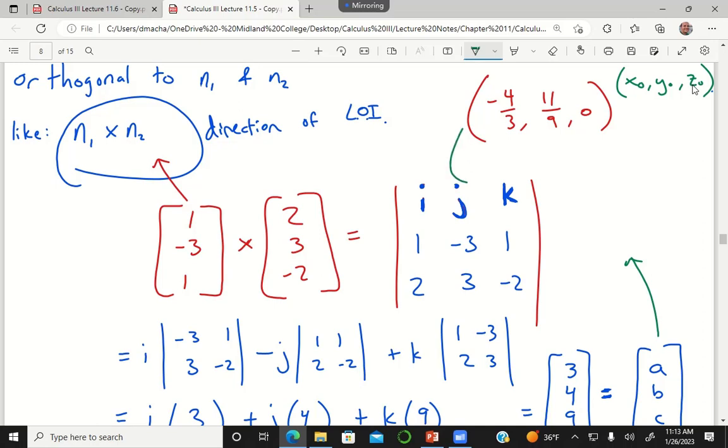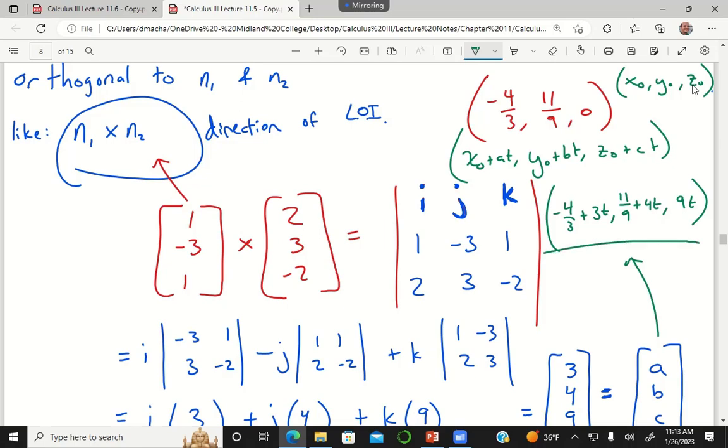Remember, my parametric equation for a line should look something like x naught plus at, comma y naught plus bt, comma z naught plus ct. So here's the answer to my problem. It's going to be negative 4/3 plus 3t, comma 11 over 9 plus 4t, comma 0 plus 9t. And that's it.